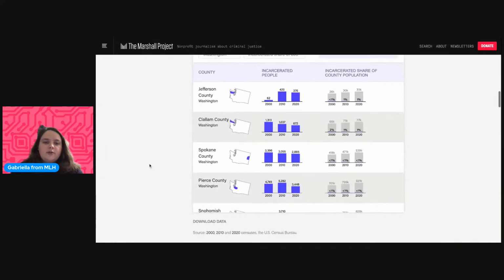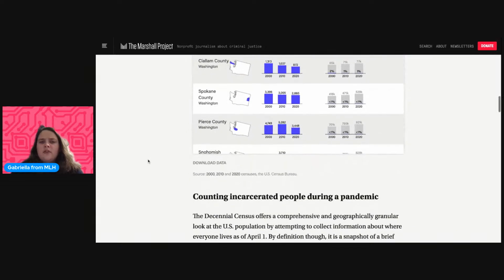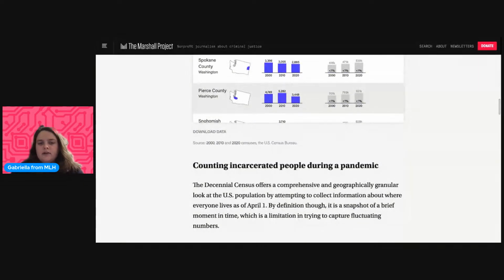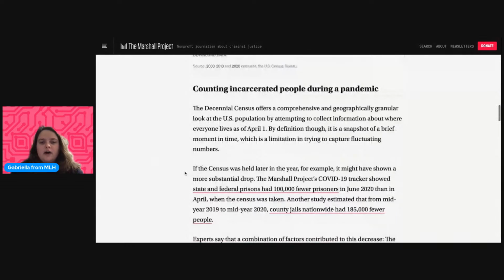Another really cool thing is they have the option to download the data here in Observable, which is a great resource if you're curious about different aspects of the data and want to learn more about it. The Marshall Project does a really good job of contextualizing the data. They have other data sets and articles down here.